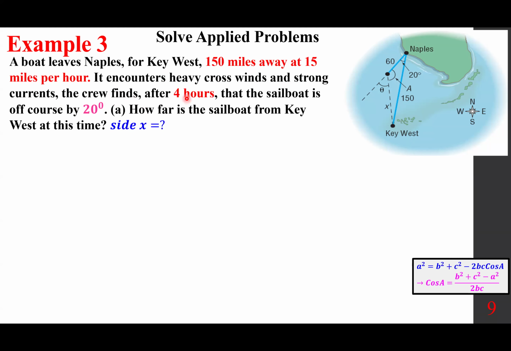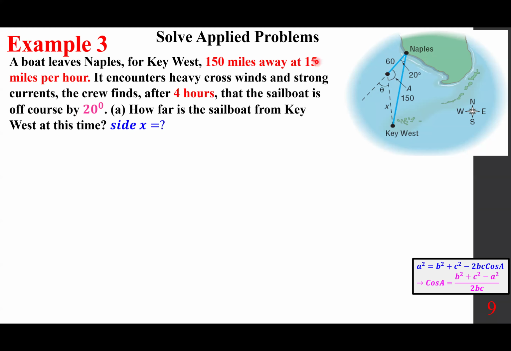The crew finds after 4 hours later, that the sailboat is off course by 20 degrees. So instead of going this way, it's going this way, and this angle is 20 degrees, everybody. After 4 hours, going this way.